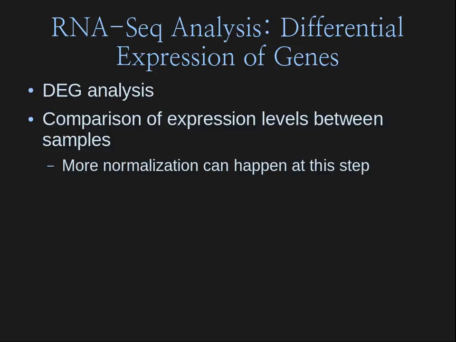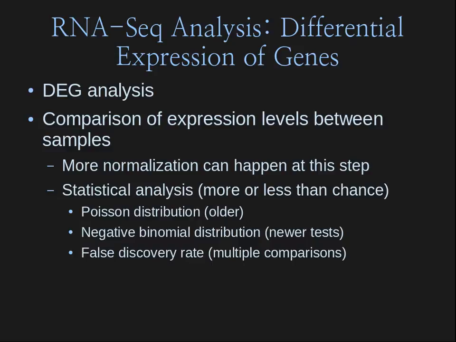So anyways, we went through and did DEG, or differential gene expression, analysis. Essentially what we're doing here is comparing the expression levels between samples, and we do some sort of statistical analysis that gives us the ability to detect whether the variation in expression between 2 different samples, or sets of samples, is more or less than you would expect by chance.